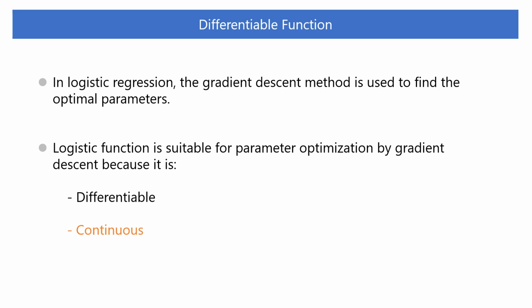Also, since the logistic function is a continuous function, it is differentiable over the entire range of output values. If the output values are discrete variables, the derivative cannot be defined due to discontinuous changes in the output values. The logistic function's property of being differentiable over all input values makes it suitable for parameter optimization by gradient descent.